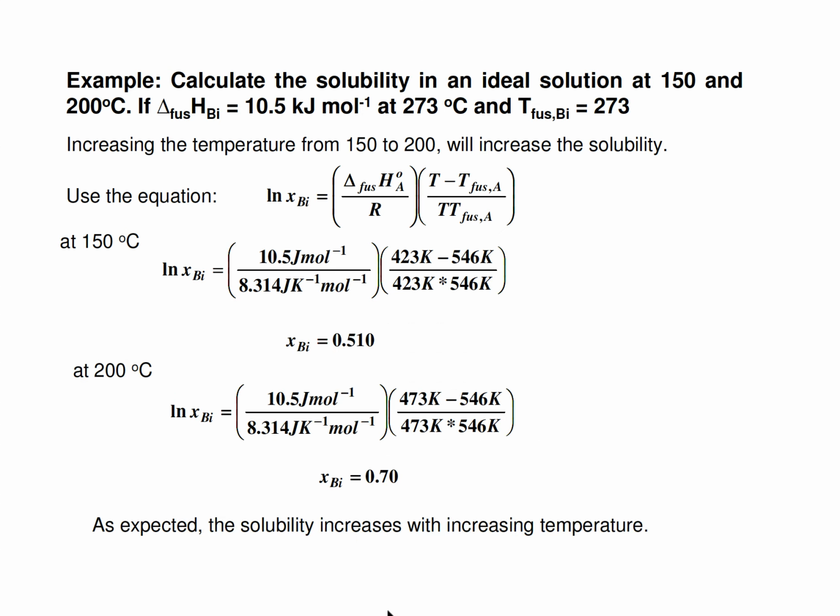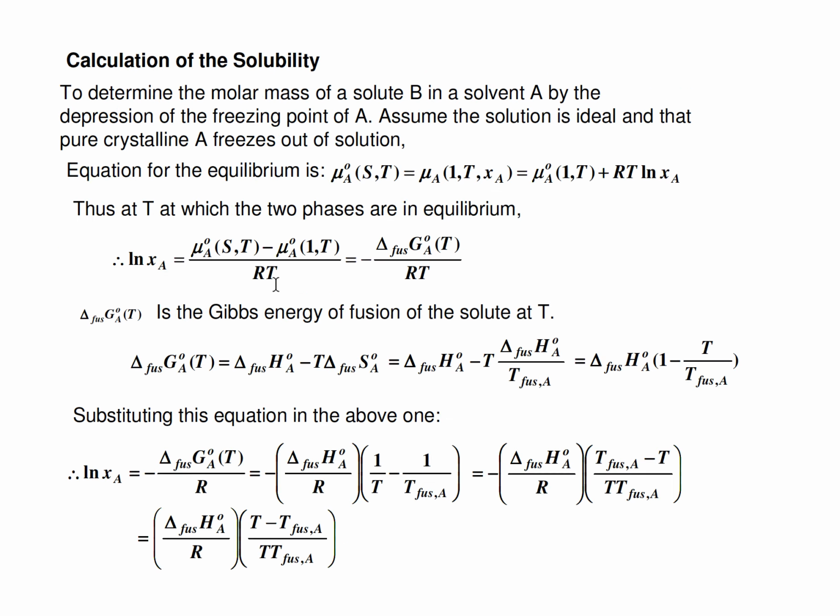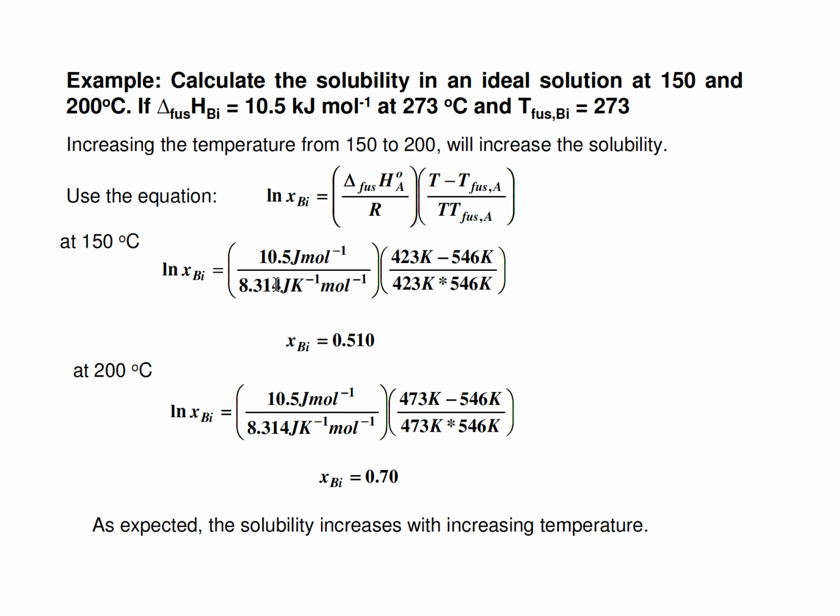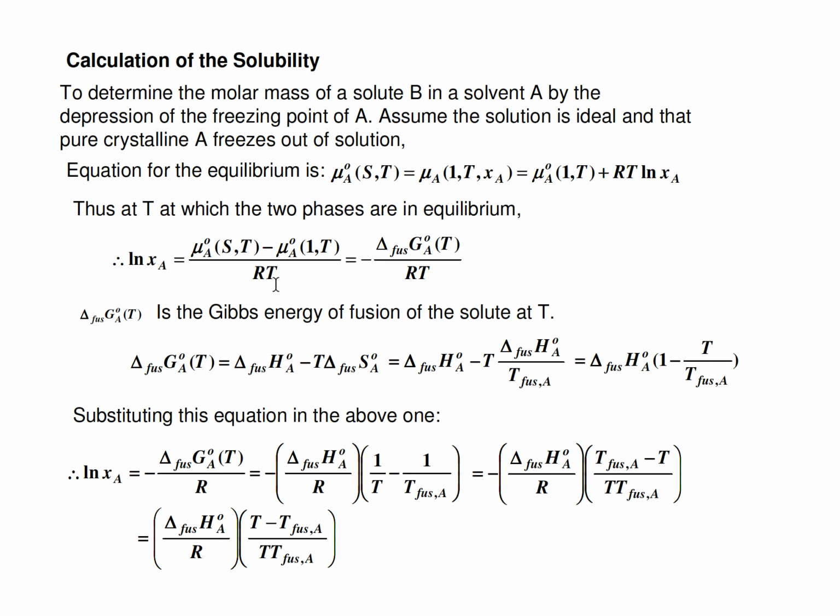Calculate the solubility of an ideal solution at 150 and 200 degrees C, if ΔH equals 10.5 kilojoules per mole at T equals 273. Of course you have to use this equation. I'm not going to show you the answer. So basically, you just have to follow this equation.